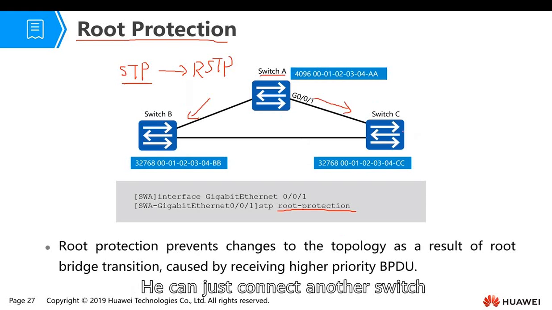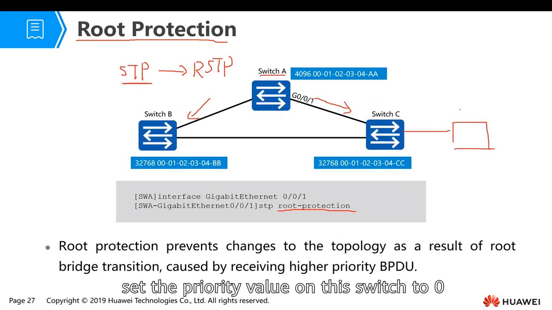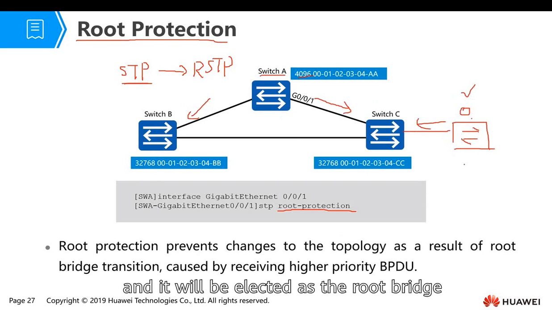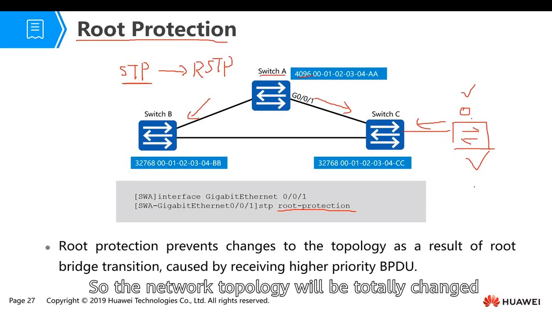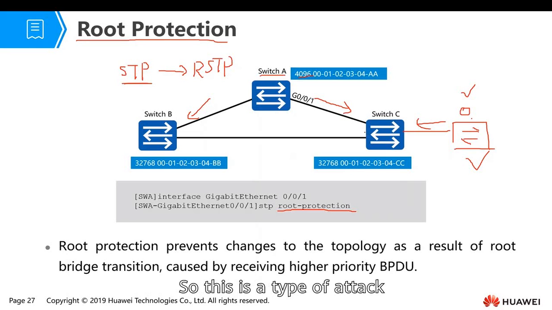He just connects another switch, and sets this switch's priority value to 0. This is a higher priority than 4 kilo. So after this switch is inserted and sends out the BPDU, this switch will be elected as the root bridge. So the network topology will totally change, and the blocked link will also change. This is a type of attack. So how to prevent this?